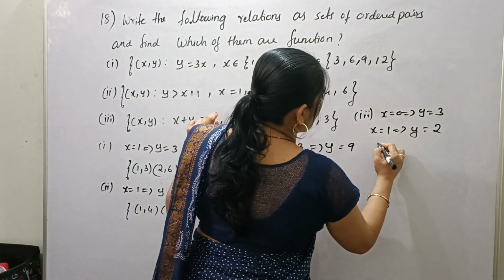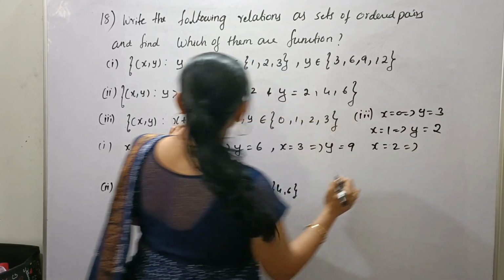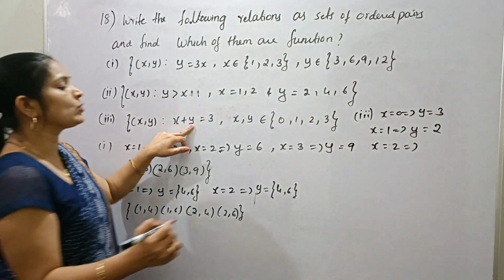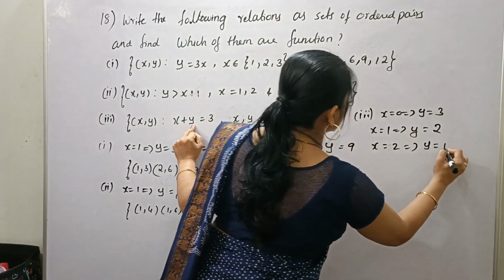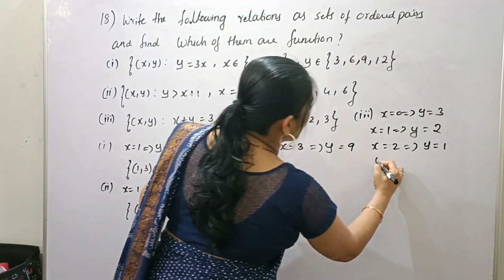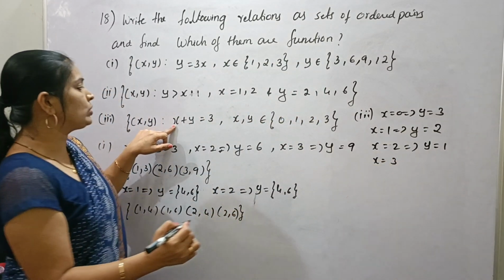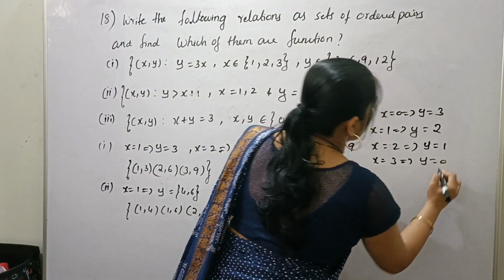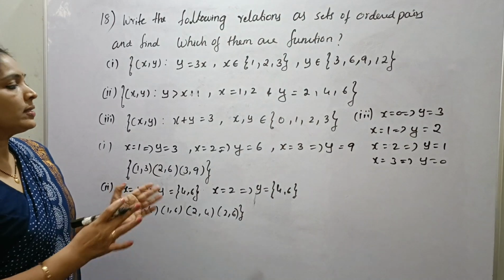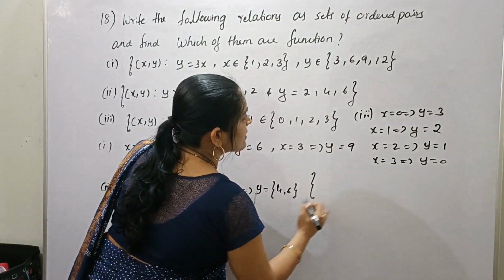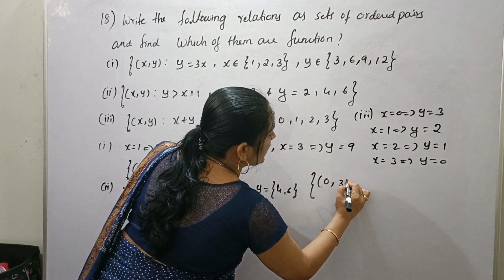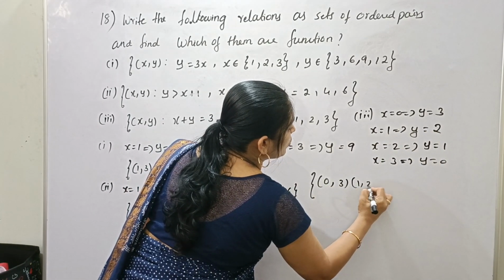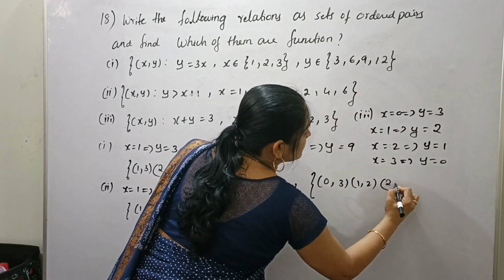When x is equal to 2, y is equal to 1. When x is equal to 3, y is equal to 3 minus 3, that is 0. Here we have got the set with elements (0, 3), (1, 2), (2, 1), (3, 0).